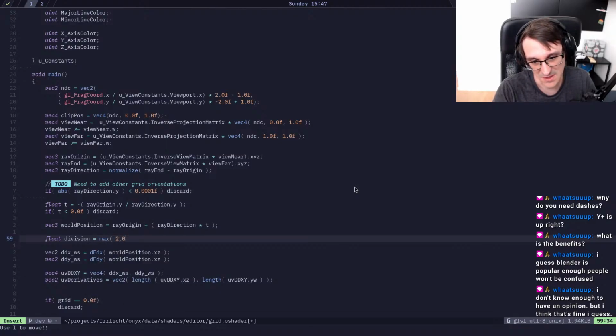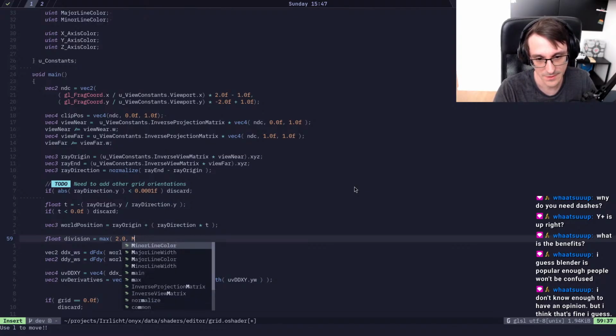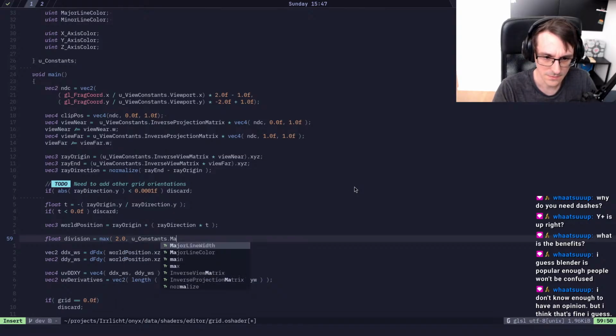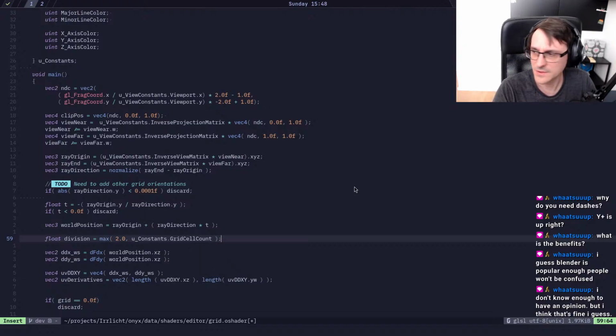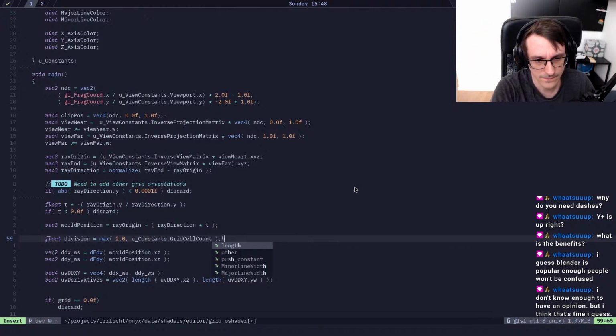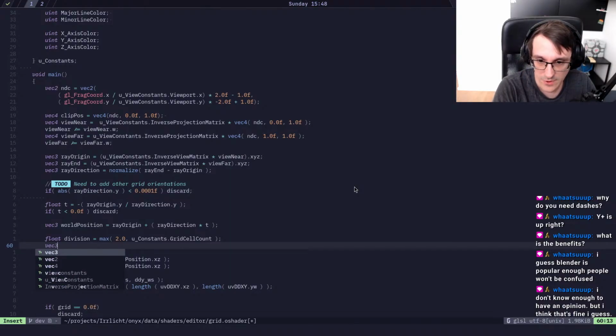We have this as a min grid cell size. I don't know if we need that, but then we have major RU constants. Major, well, actually bit circle, right? I think it is. And then we have like 3.